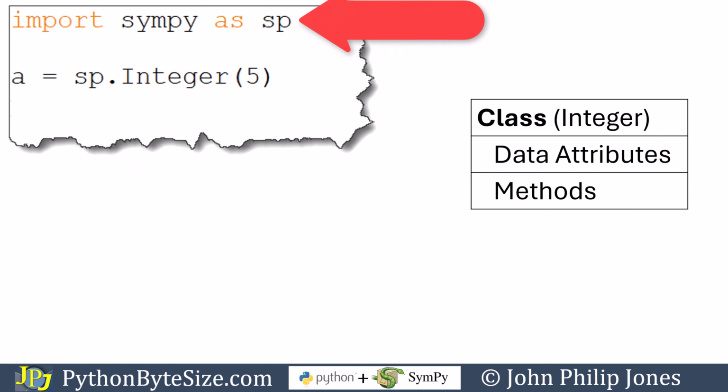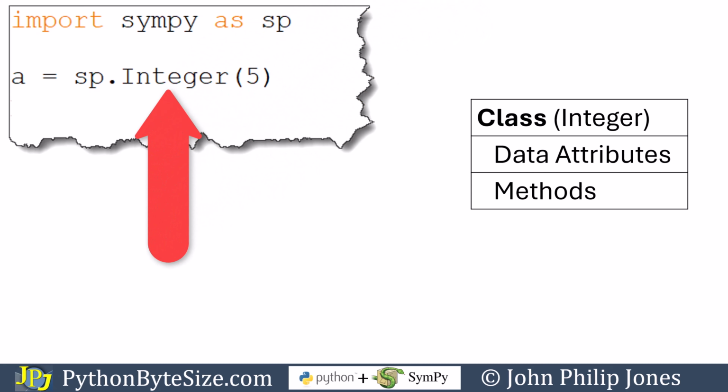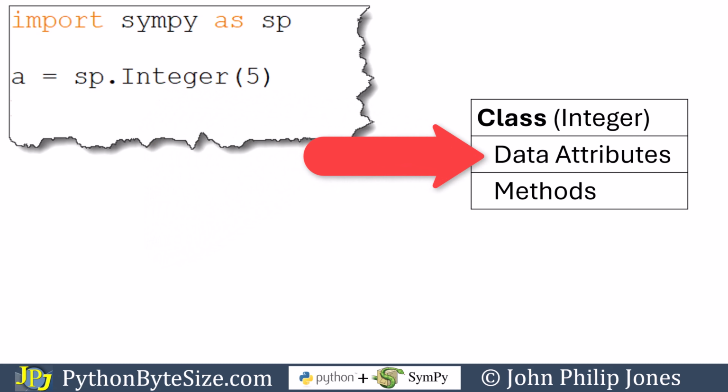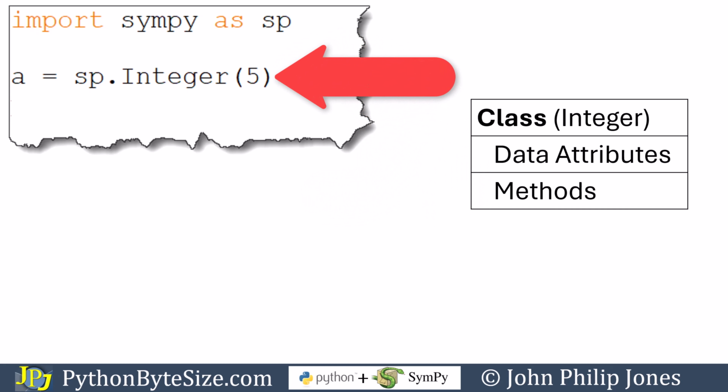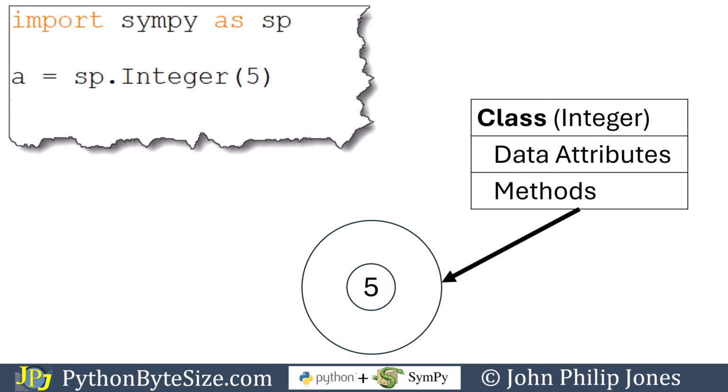Here we've imported SymPy in order to use its integers. And like all classes, you can see it's got data attributes and methods. So when this line executes, what's going to happen, we're going to have an object coming into view, as you can see here. Now, if you consider this object, you can see it's got 5 here, which is taken from this position in the program code.